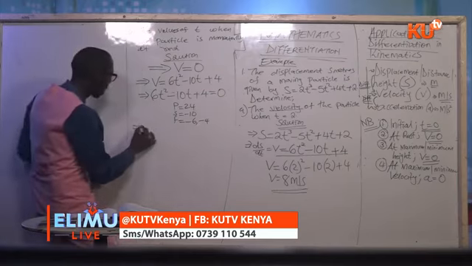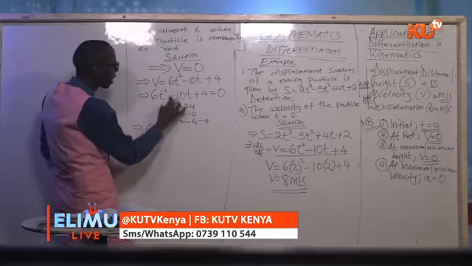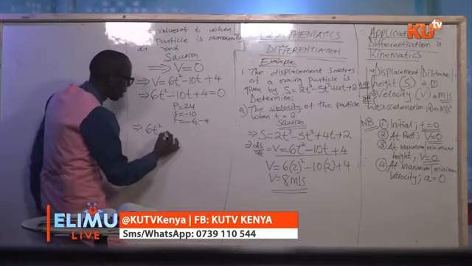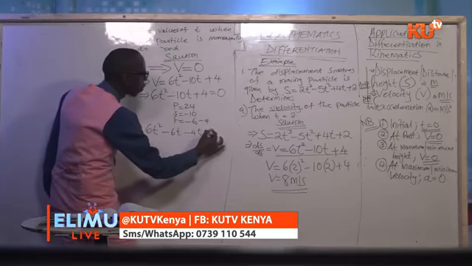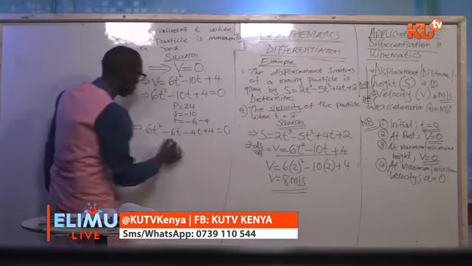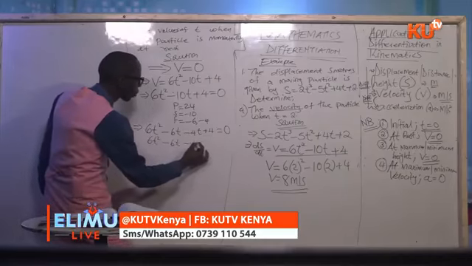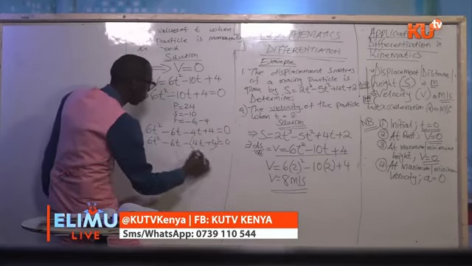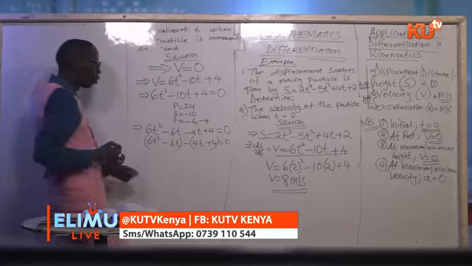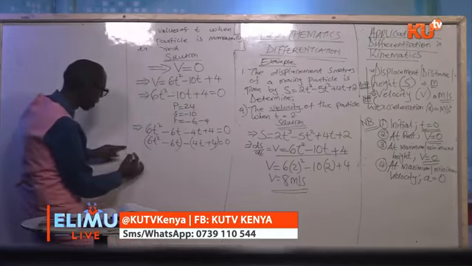So we'll say 6t squared, instead of writing negative 10t, we write the factors, minus 6t minus 4t plus 4 is equal to 0. We group them into 2 like that. Then we factor out the common factor.